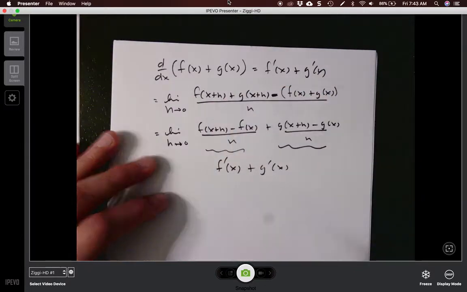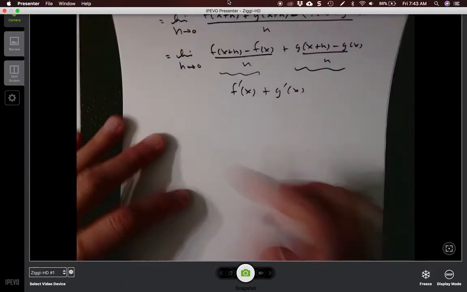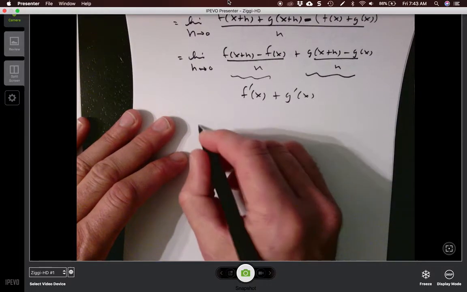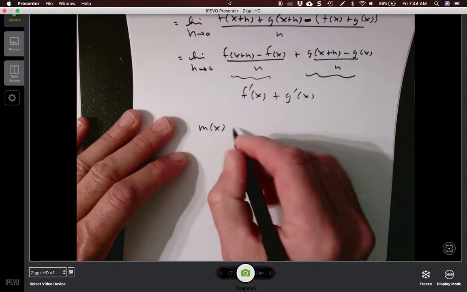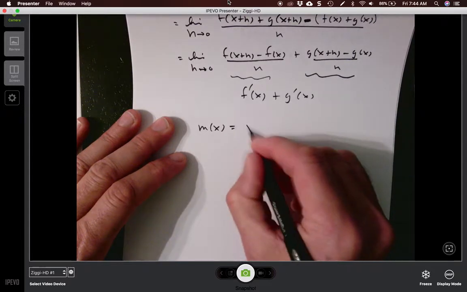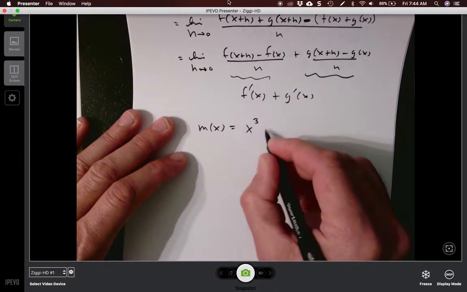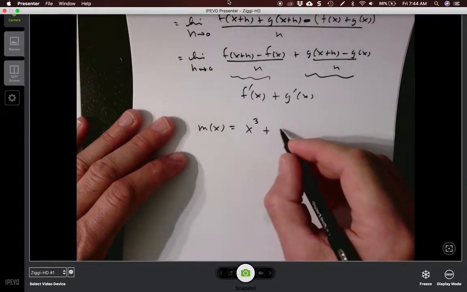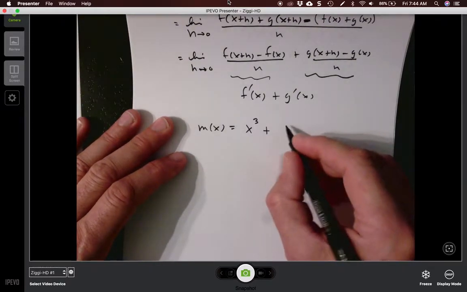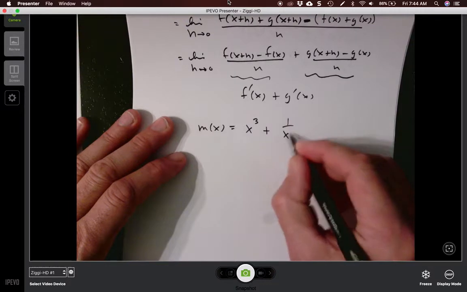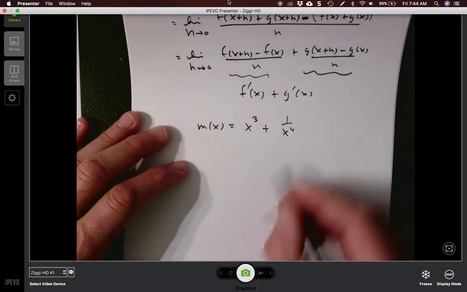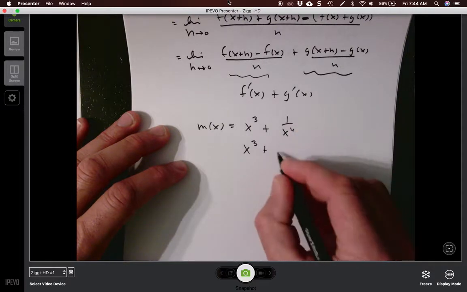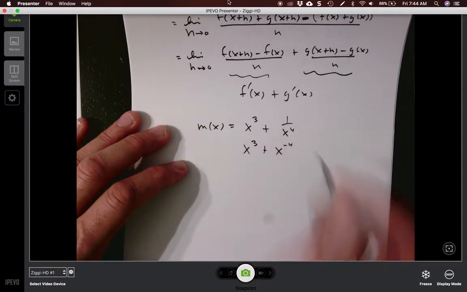Another example of this: what if our function was, let's call it m of x, equal to x to the 3rd plus 1 over x to the fourth power. This is the same thing as x to the third plus, and remember we have to handle this as x to the negative 4.